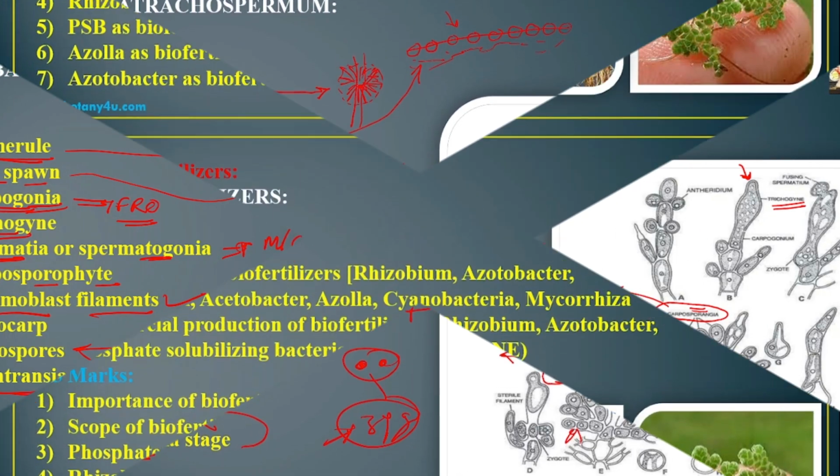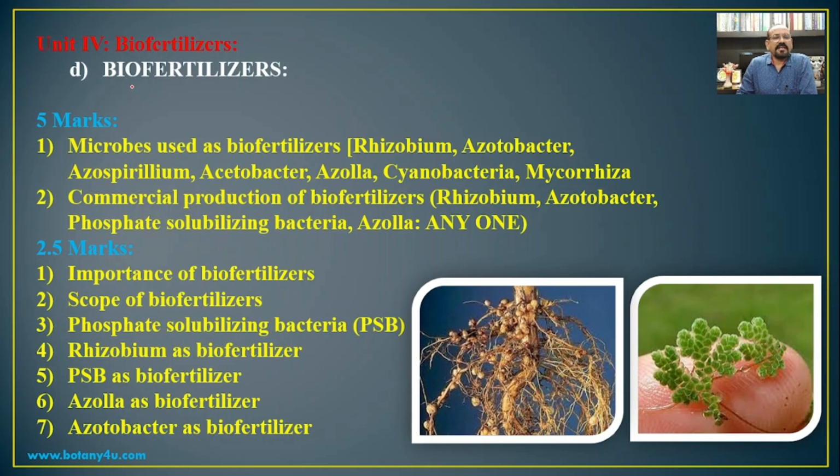Unit 4 is based on biofertilizers, and this is a different unit, from the skill based syllabus. In this unit there is again a 5-mark question which includes the microbes used as biofertilizers.